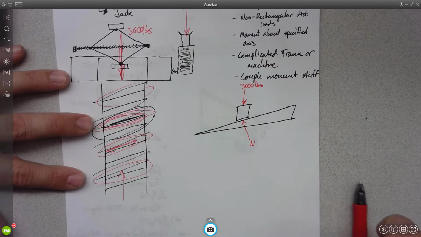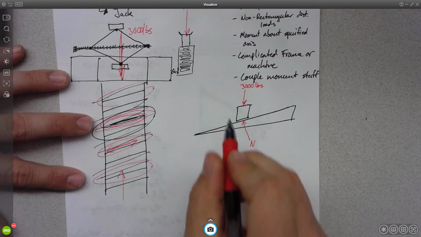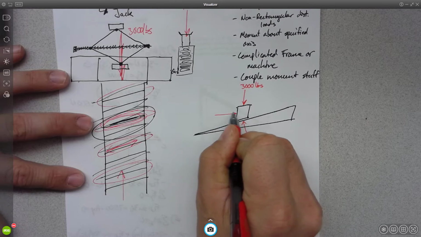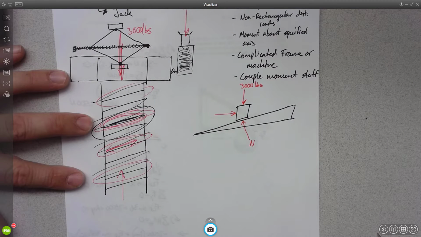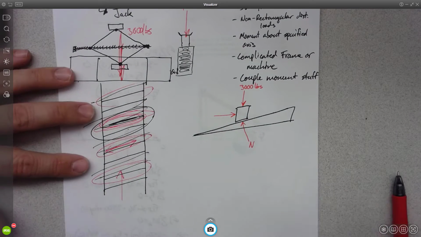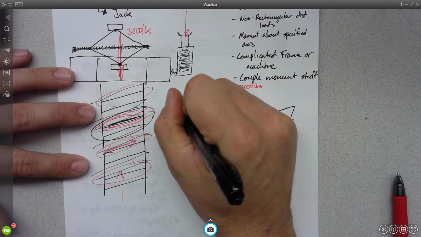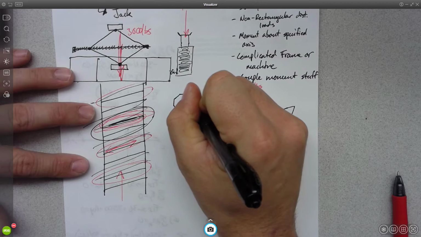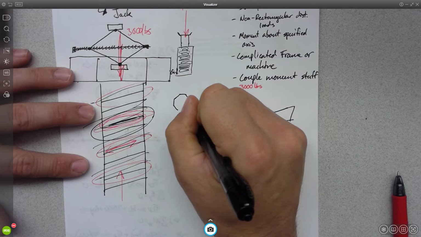So let's start with the case I'm trying to raise my 3,000 pound load, and I do that by twisting on the screw. Okay, so I'm going to do a bird's eye view for a second. If this is, oh shoot, I already screwed up, but that's okay.